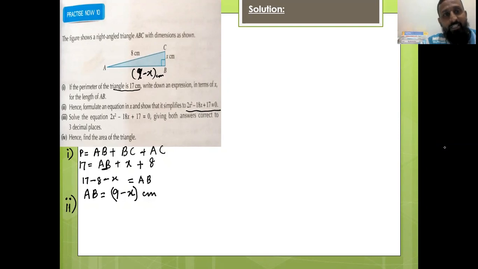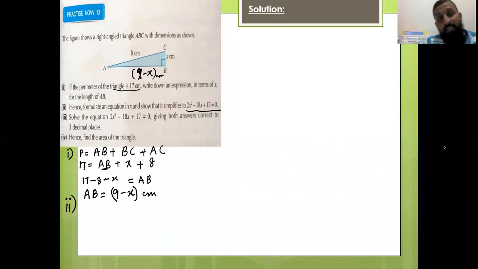All right, what we were discussing, guys, is that in this triangle there are three sides, and we can fit these values in a formula called the Pythagoras theorem. Remember Pythagoras theorem? It is applied on a right angle triangle, and it says that hypotenuse square equals perpendicular square plus base square.